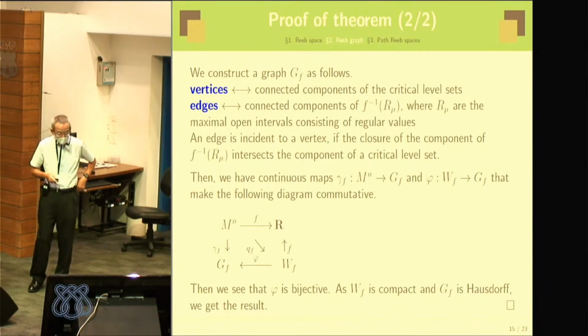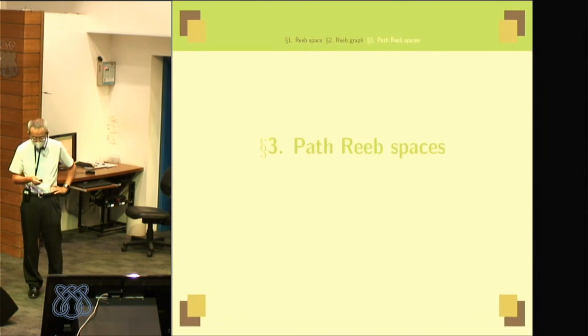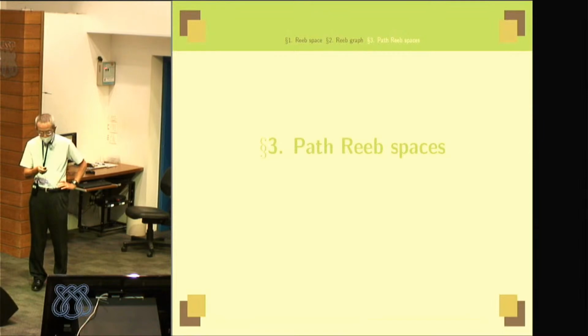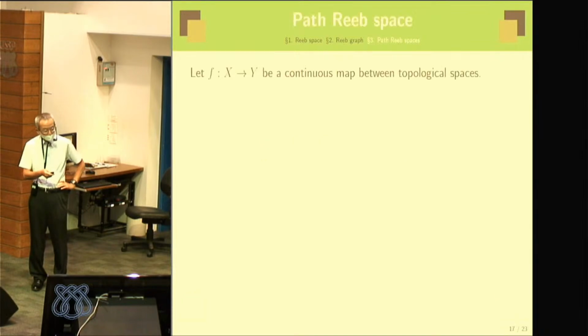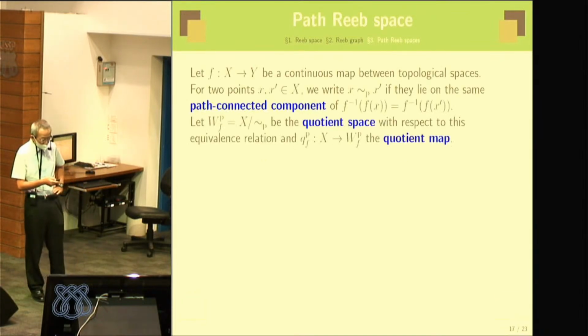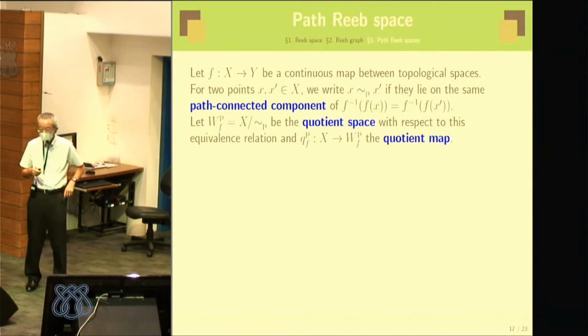Okay. And now I'd like to talk about another topic. It's about a path Reeb space. So instead of the connected components, if we use path connected components, what happens? So we do the same definition, but here we consider two points to be equivalent with respect to P if they lie on the same path connected component of a level set.